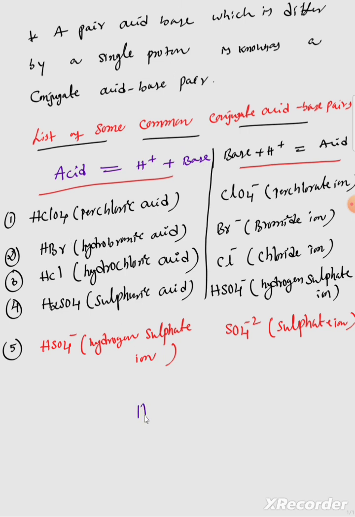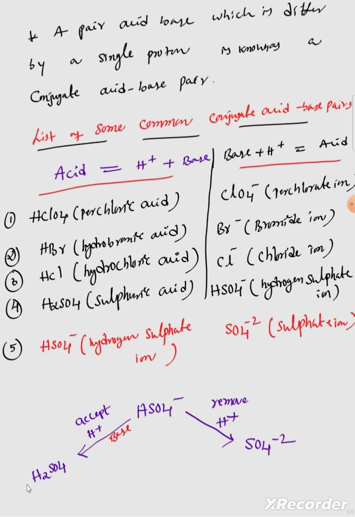Suppose the ion is HSO4 minus, which can accept a proton to become H2SO4, and which can remove, that means donate, a proton to form SO4 2 minus. In the direction where it accepts the proton, it acts as a base and becomes the conjugate acid.